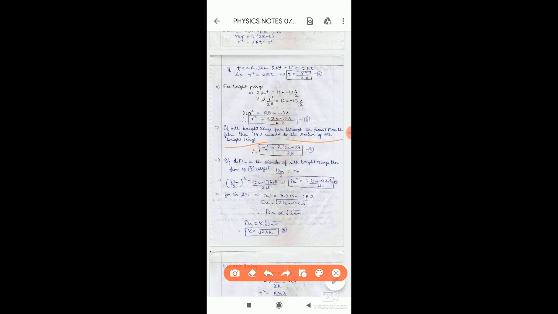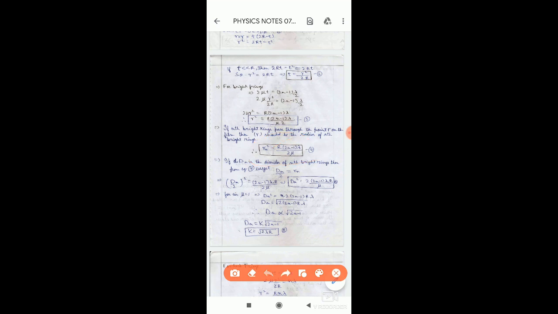You get the radius of the nth bright ring. Or you can easily say that the radius of the nth bright ring can be written as rn square equals R lambda into (2n minus 1) upon 2 mu.